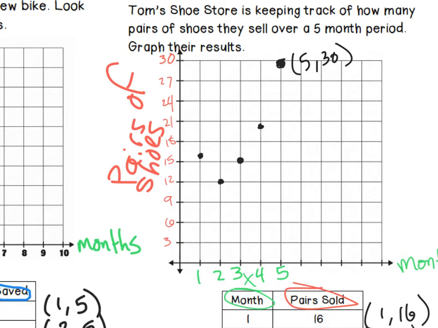This coordinate point right here tells us after 4 months, 20 pairs of shoes were sold. This coordinate point here tells us after 3 months, 15 pairs of shoes were sold. So coordinate points, in this case, just represent the relationship between how many months this place has been selling shoes and how many shoes they've sold.